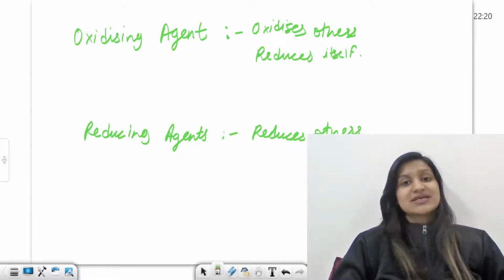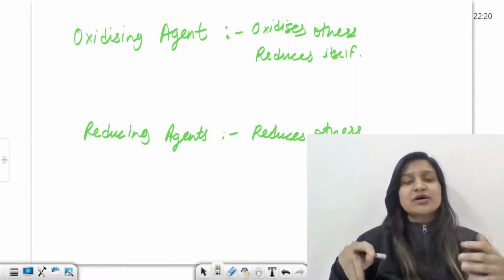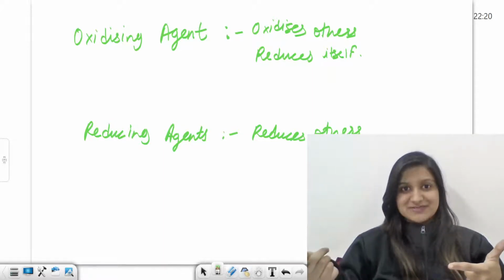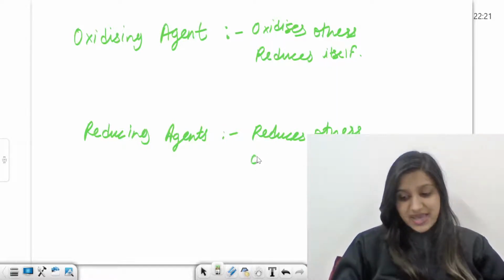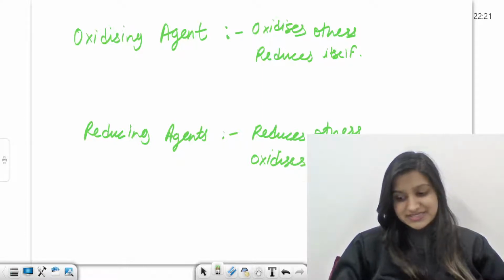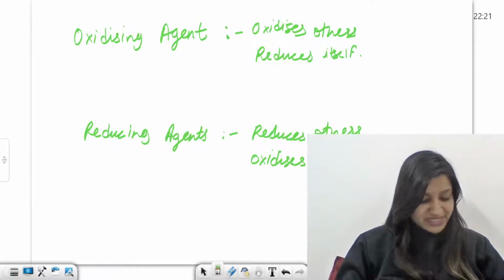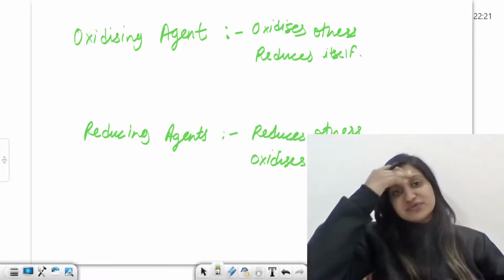And if it is forcing another element to gain electrons, it reduces others and gets oxidized itself. So this is about the reducing agent and the oxidizing agent.